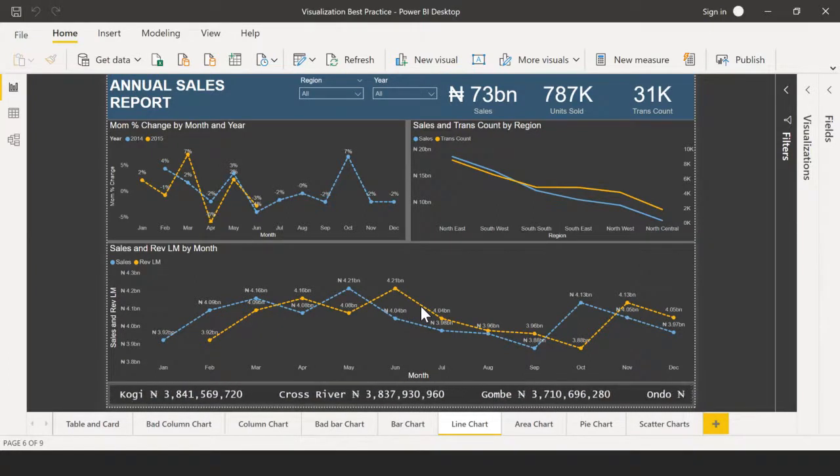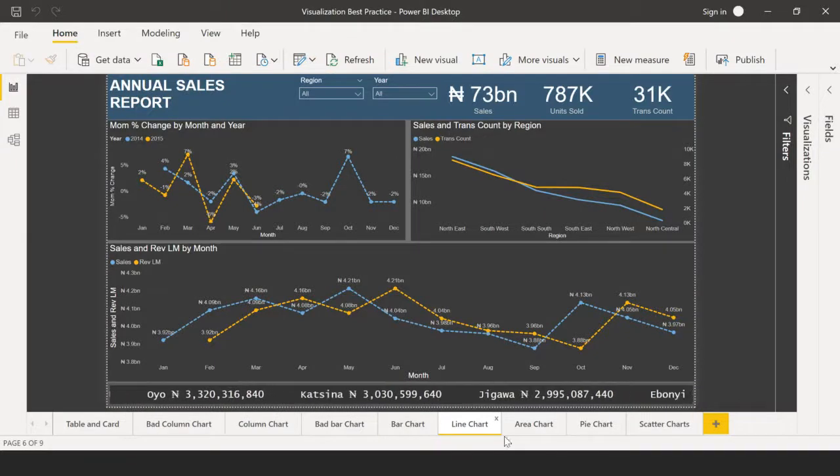Okay, so I was talking about line chart, right? That's where Bolaji stopped. Then Bolaji also mentioned that you can use an area chart. Area chart is also excellent, especially when you are trying to show trend. You can use it for trend as well, and for composition and the likes. So let me show you one area chart in Power BI.